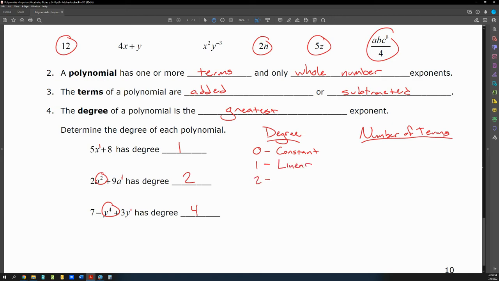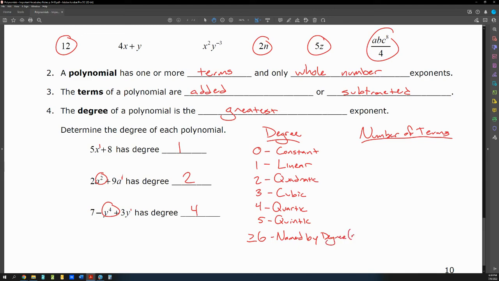If the degree is 2, we have a quadratic, which is our next unit. If the degree is 3, we have a cubic. If the degree is 4, we have a quartic. If the degree is 5, we have a quintic. And if the degree is greater than or equal to 6, then it's just named by the degree.